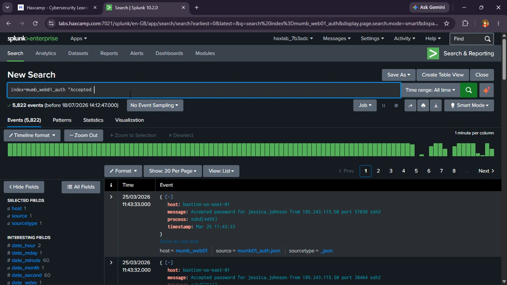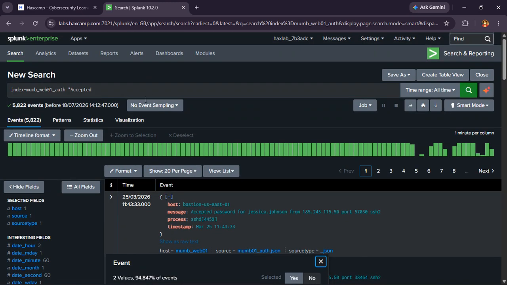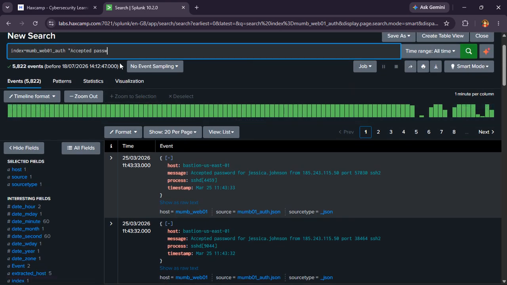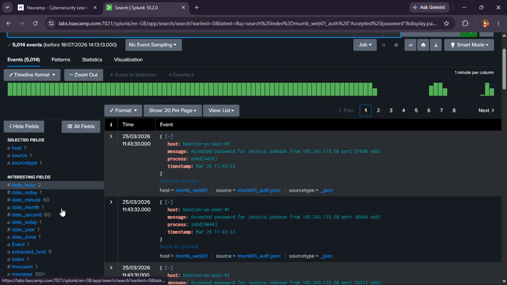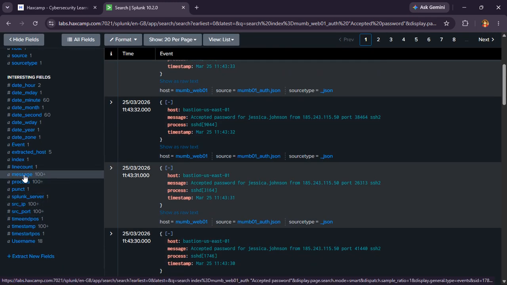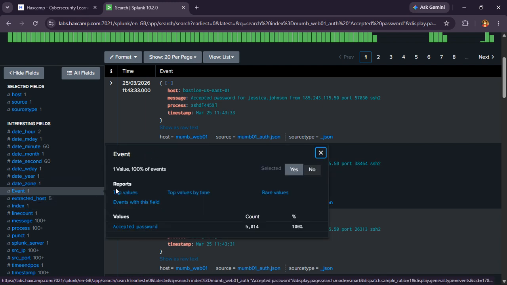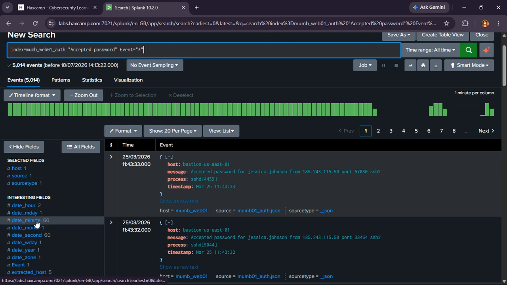Event accepted password. Then I have again the fourth answer included. We need to include this page.